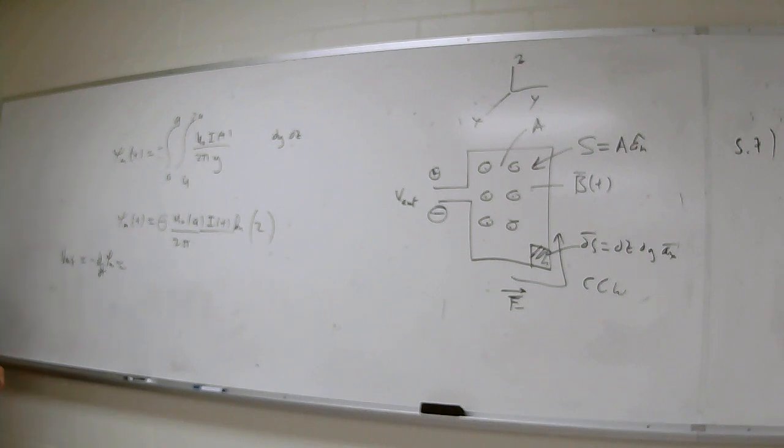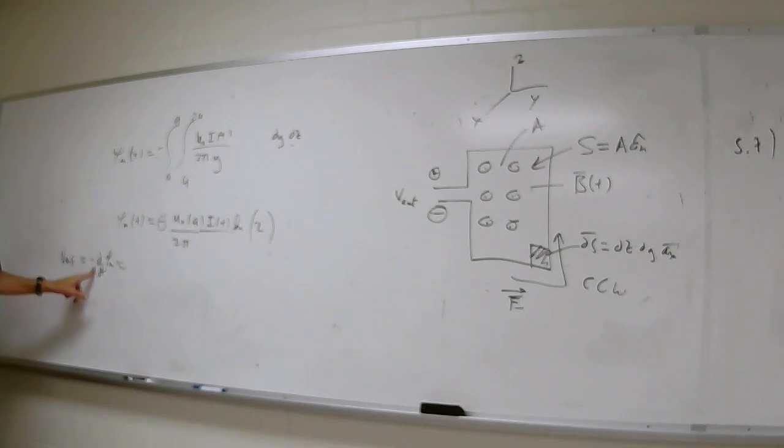Now you'll notice one thing. I want everybody's attention when I go through the next step. Everybody with me? All right, look here. When I take the flux here, it's got a negative sign. There's a negative sign here, right?